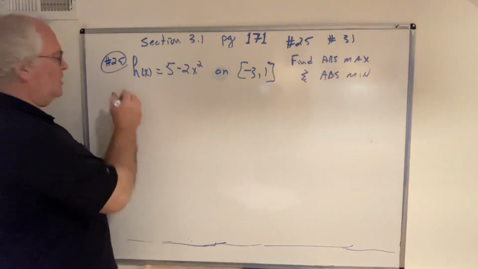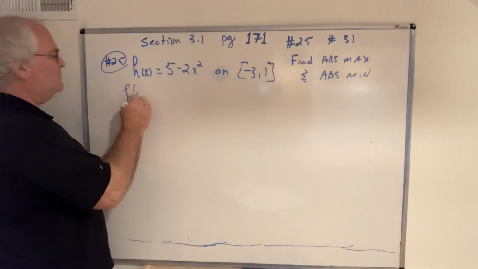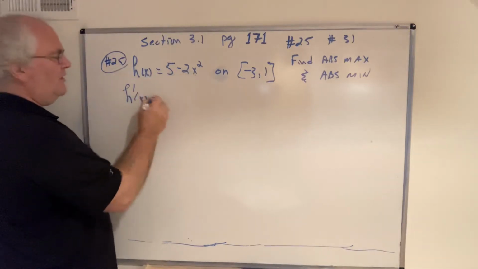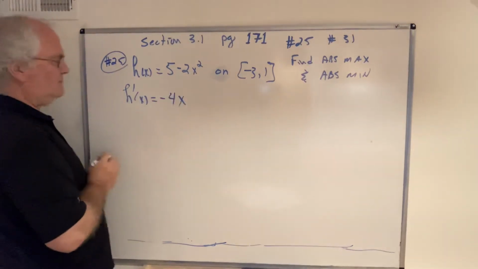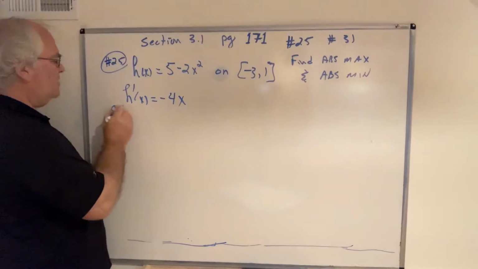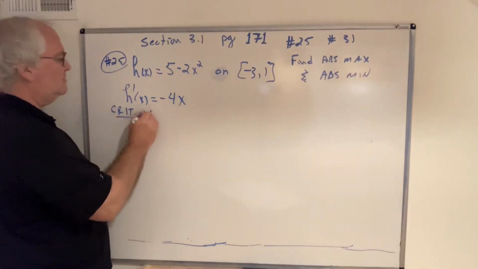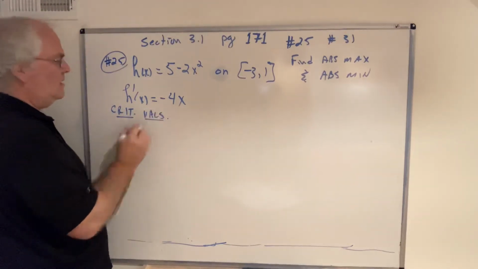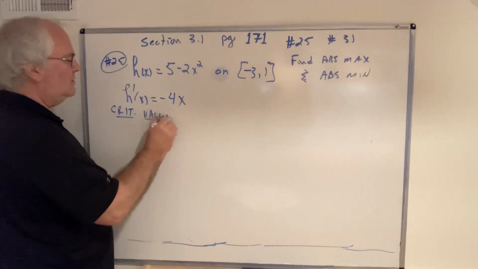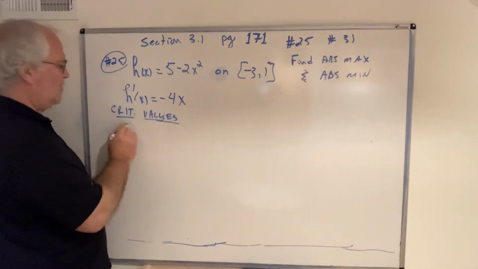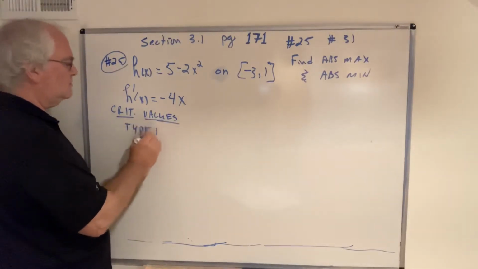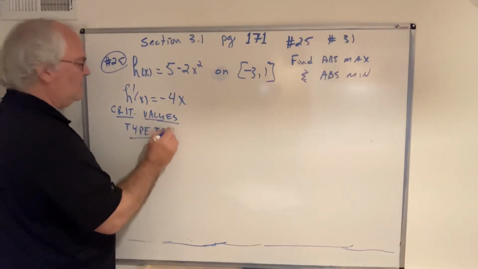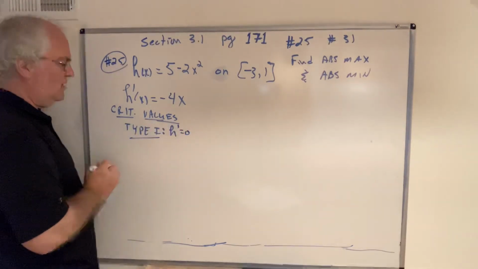This is straightforward. We're going to find the derivative. The derivative here is -4x. I'm going to find the critical values. Type 1 is where the derivative is equal to 0.